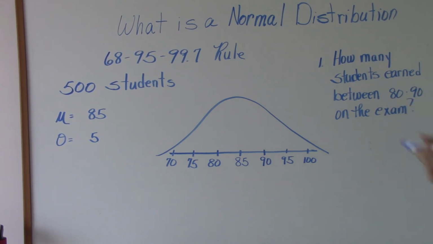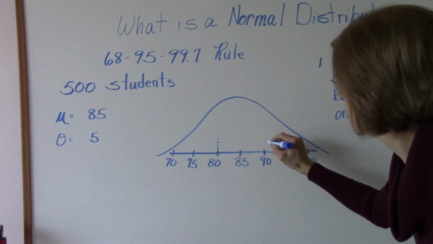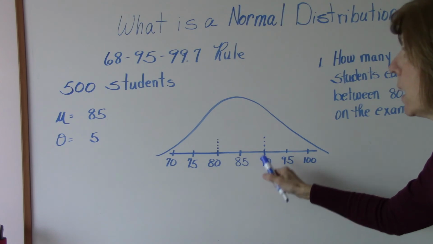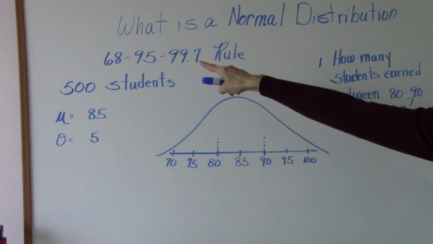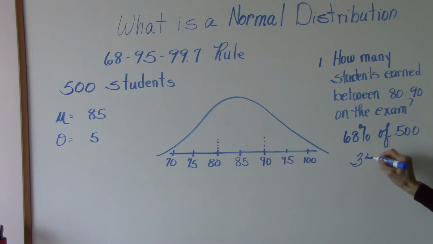So you take a look at your curve. Here's our 80, here's our 90. From one standard deviation below the mean to one above, that falls into that 68% of the data. So we're going to say 68% of 500. That's how we're going to find it. So we pop that into our calculator, and we find out that 340 students scored between an 80 and a 90 on this particular test.